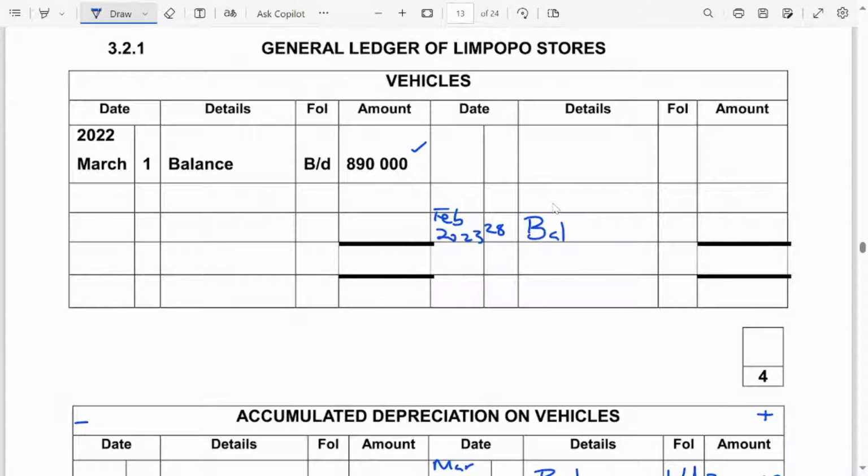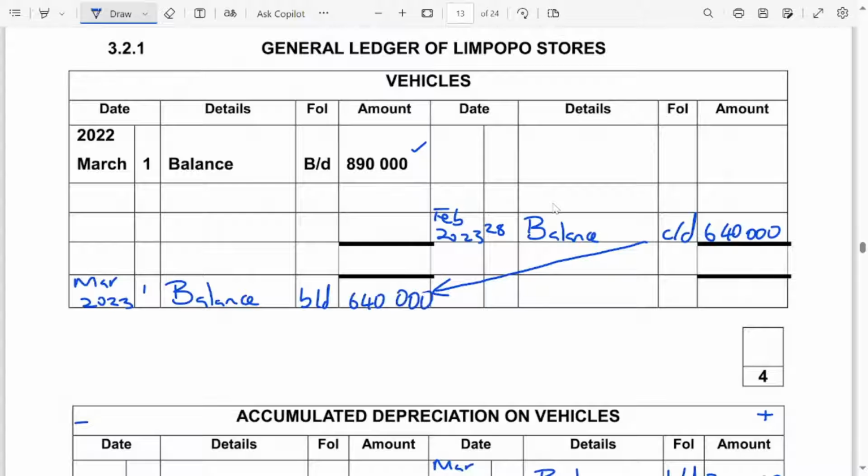We call it the balance carried down. The closing balance must be transferred to the opposite side at the beginning of the following month. So this is going to be 1 March 2023. When we open for the next financial year, the opening balance for the vehicles is going to be 640,000.